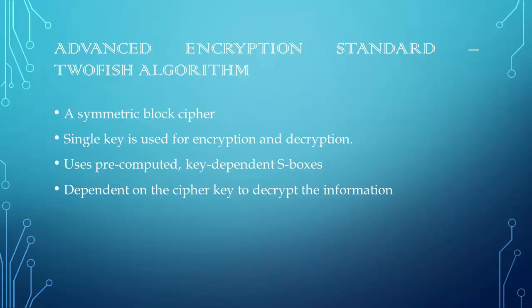This is any symmetric key algorithm component which performs substitution. In the Twofish block cipher, the S-box works to obscure the relationship of the key to the ciphertext. Twofish uses a pre-computed key-dependent S-box, which means that the S-box is already provided, but is dependent on the cipher key to decrypt the information.